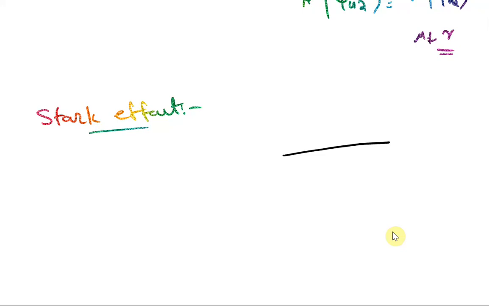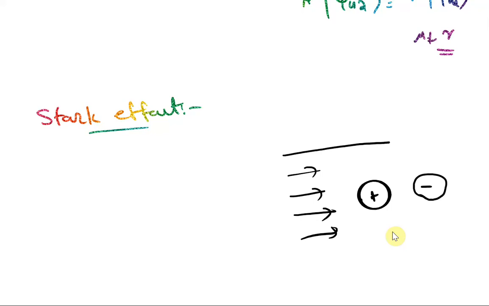I'll take an axis here. This is my electric field in this direction, and I'm keeping a hydrogen atom here with a positive charge and the negative charge, which is the electron. They are separated by a distance, and I'm taking that distance as r.